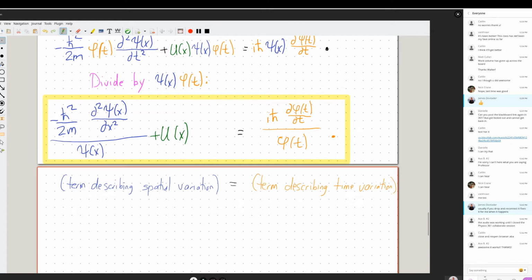And in general, equating the way something changes in space with the way something changes in time, there aren't going to be very many solutions unless both of those things are always equal to a constant. Because I could vary space a little bit, I could vary time a little bit, and the only way those things could be equal is if they are both equal to constants.